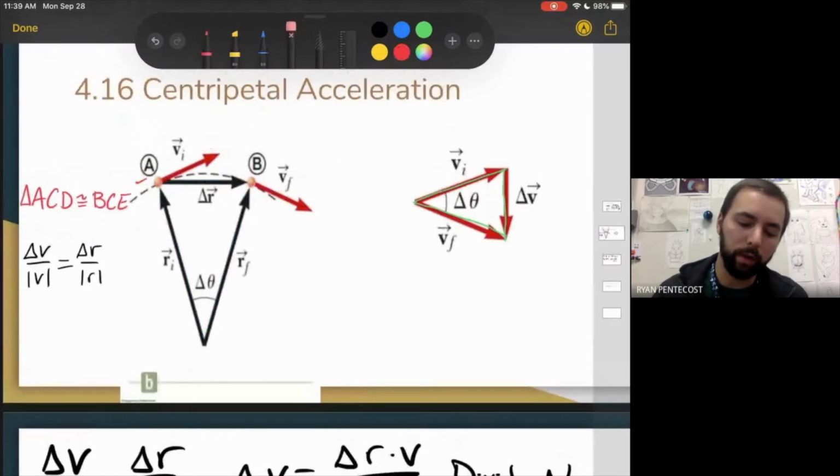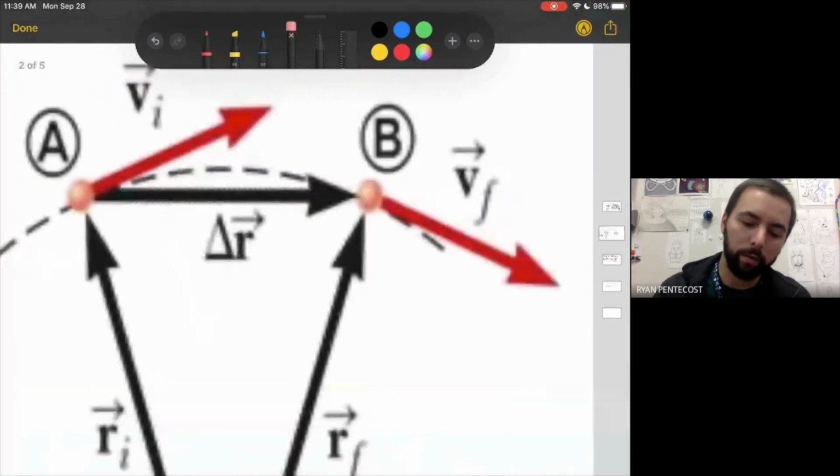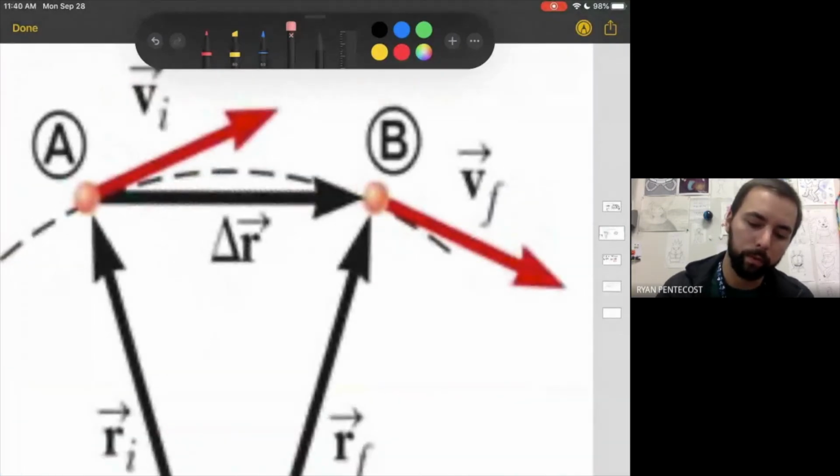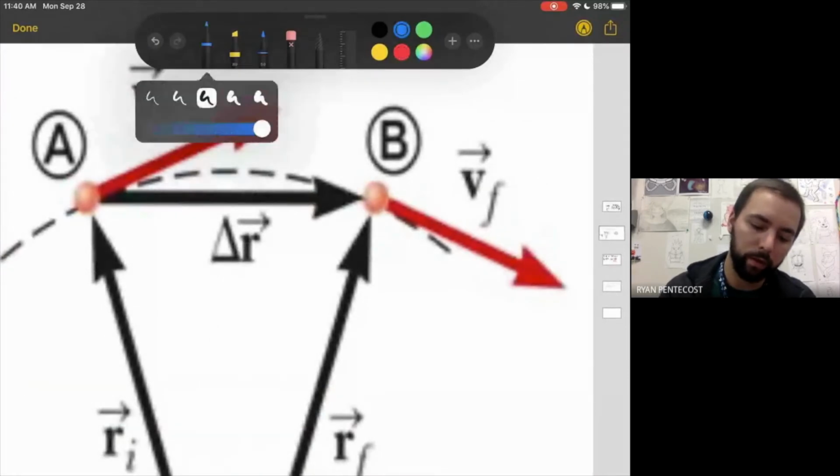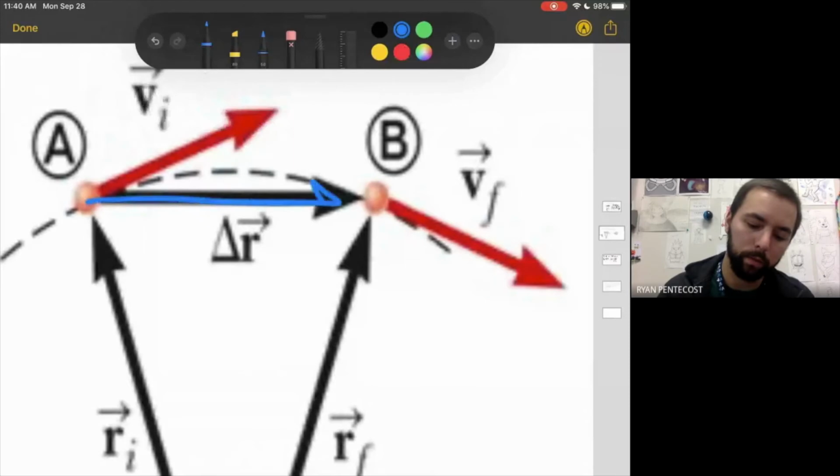So if we look at this drawing, zoom that in, delta R is this vector here, right? That is delta R. Delta S measures the entire distance, right?